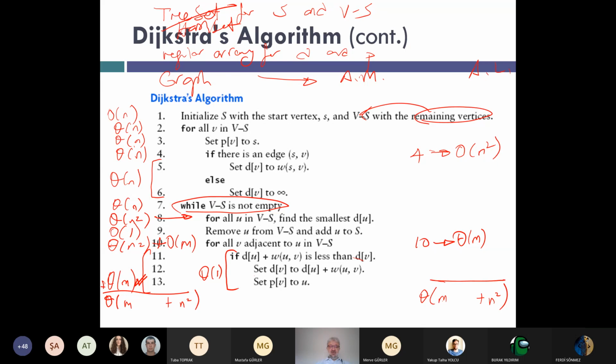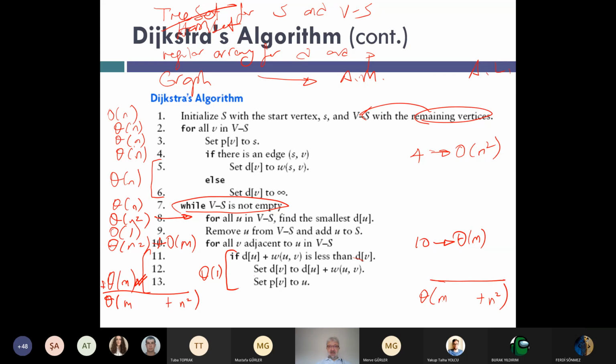Can we reduce the running time of this operation? Of course we can. How? We can reduce the cost of finding the smallest.